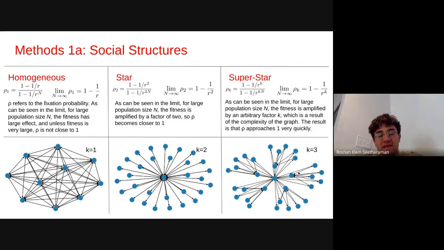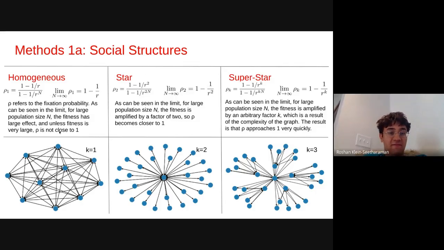And then finally, we looked at the superstar, which is where we have these sort of subgroups in these hierarchies. The key result here, and these formulas were derived in that paper, is that fixation probability, or the likelihood that a mutation will take over, is actually amplified depending on the graph.